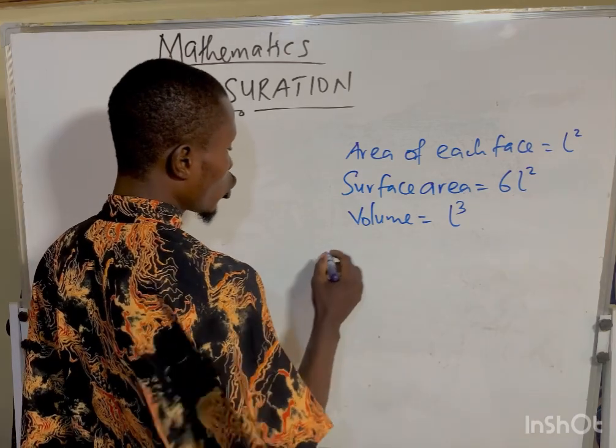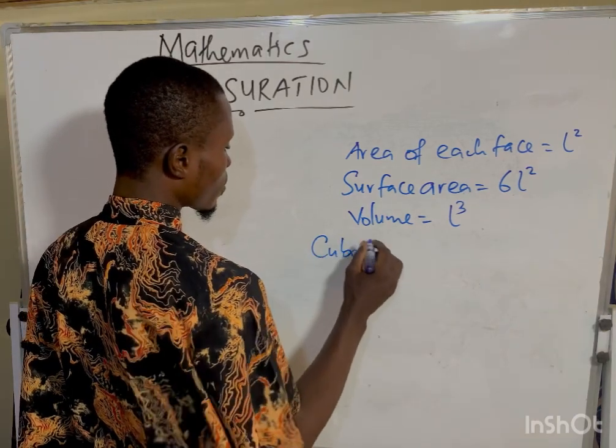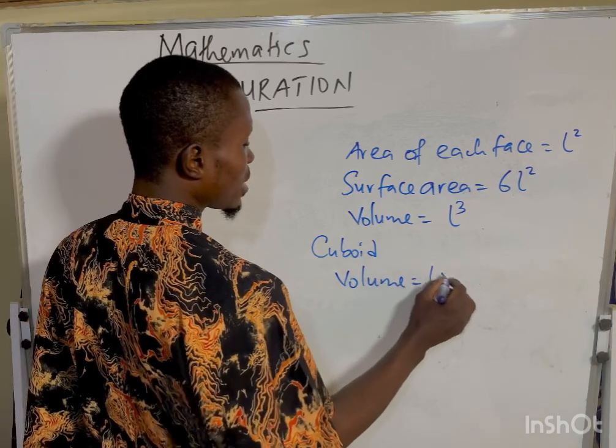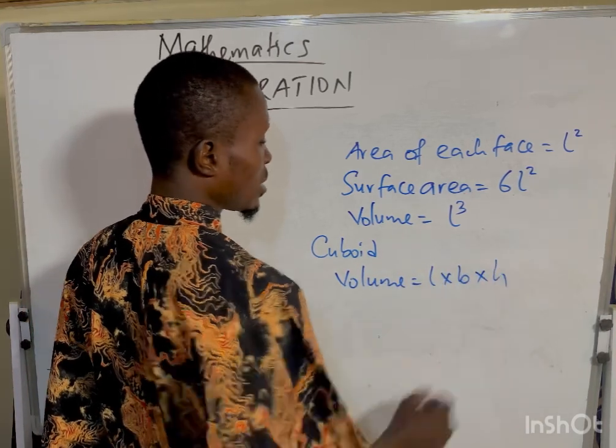For a cuboid, what is the volume? The volume is length times breadth times height.